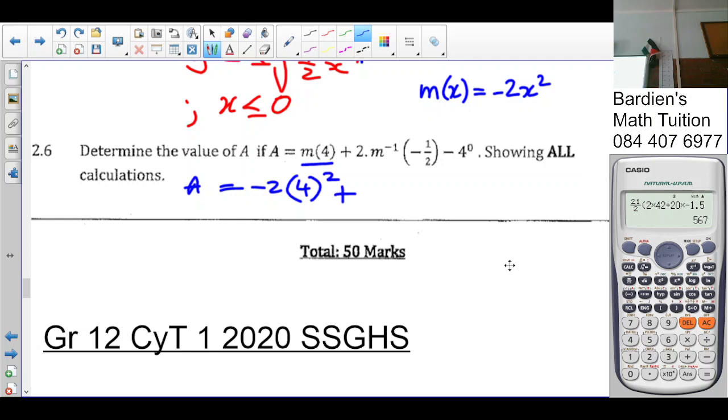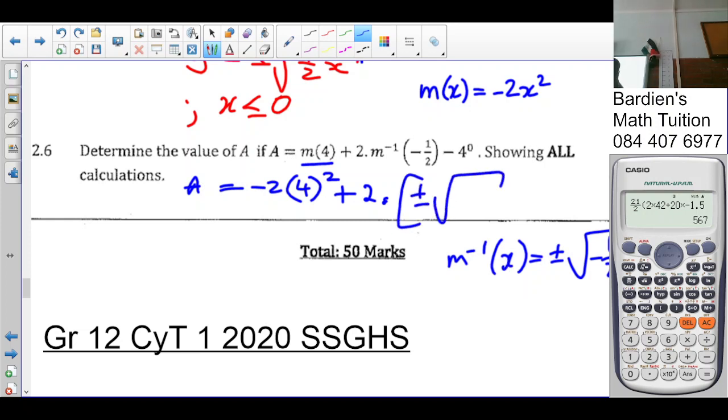Plus. Now your inverse function for m was, what was that function again? It was plus minus the square root of negative a half x. Is that correct? So if I say that the 2 is that 2 there, times plus minus the square root of negative a half times x, negative a half is coming from here.